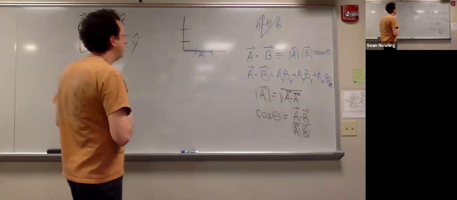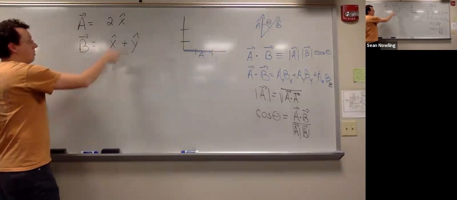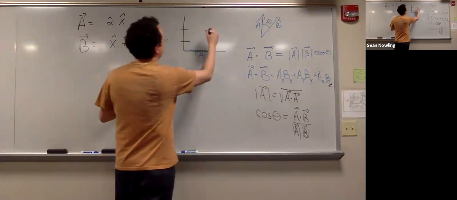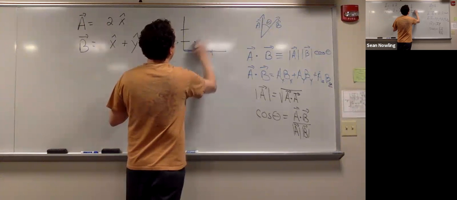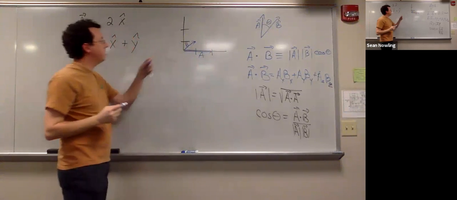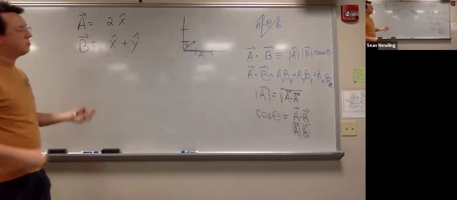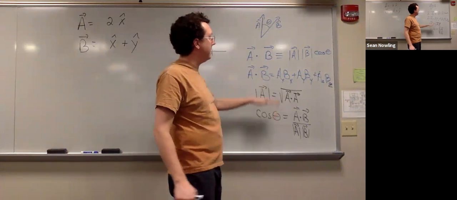Whereas B would be over 1, up 1. So B would look like this. B clearly lies along a 45-degree line. A is parallel to the x-axis. Let's work through these ideas.